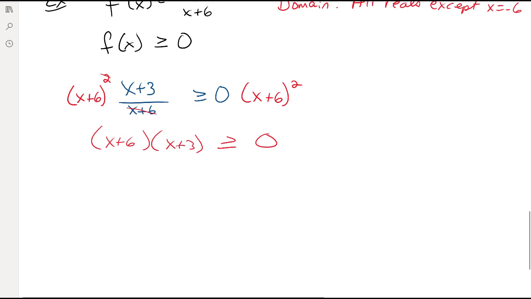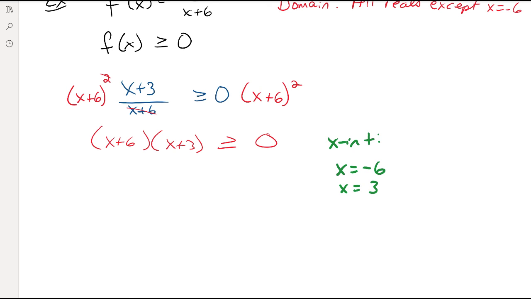All right. Stop right there. Right now, as I look at this, (x + 6) times (x + 3) has to be greater than or equal to 0. I can automatically say, oh, I know what my zeros are. Right? Because I have a function and I can set it equal to 0. So the zeros here, the x-intercepts, as you will, are what? x = -6 and x = -3.